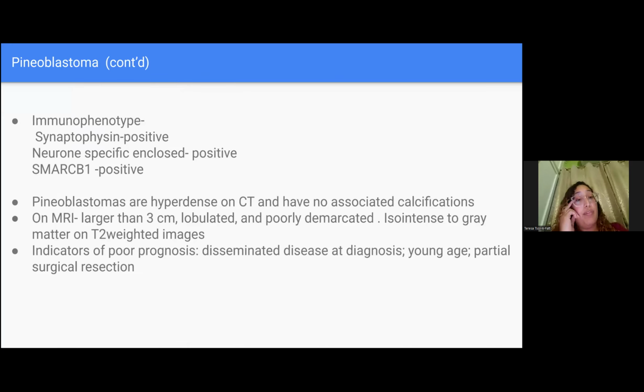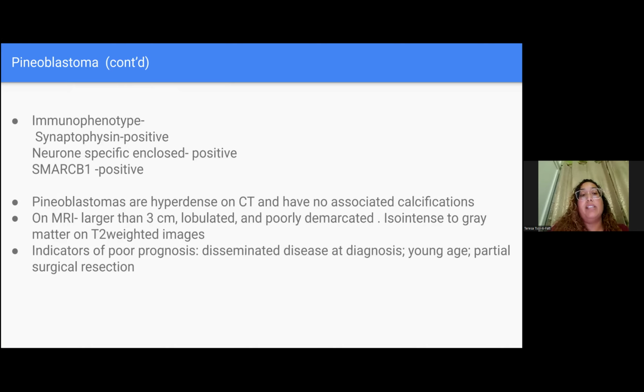The immunophenotypes for this are synaptophysin positive, neuron specific enolase positive, and SMARCB1 positive. Pineoblastomas are hyperdense on CT and have no associated calcifications. On MRI, they are usually larger than 3 centimeters, lobulated, and poorly demarcated.